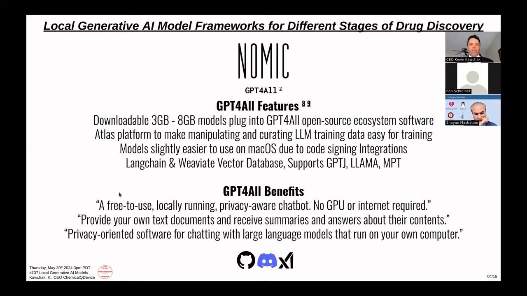So they say the benefits are: free to use, locally running, privacy-aware chatbot, and you can provide your own text documents. Every time you see this, it's referring to RAG, retrieval augmented generation. The best I've found out there, and I've run a bunch of different RAG workflows, has been Raptor, which takes in a bunch at the same time.